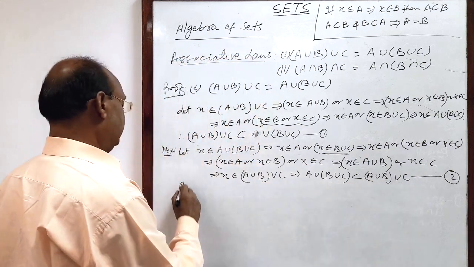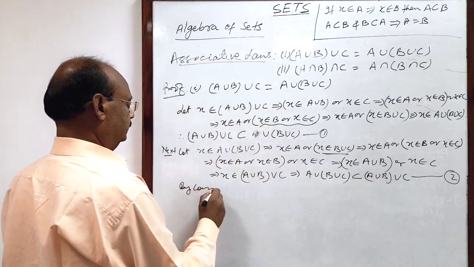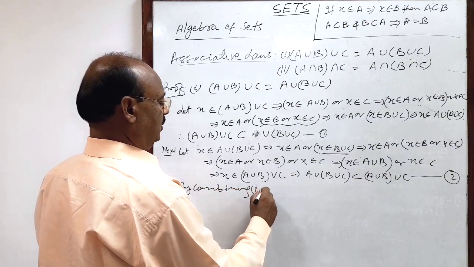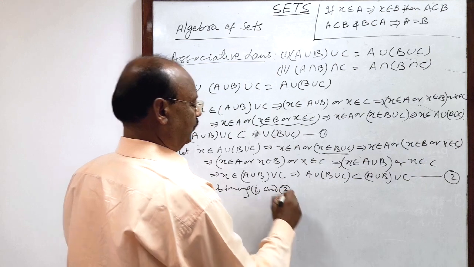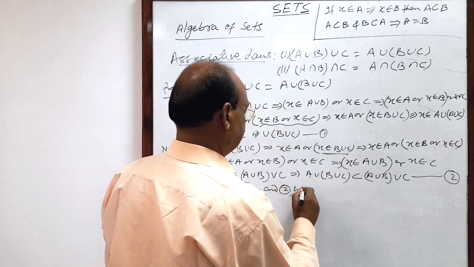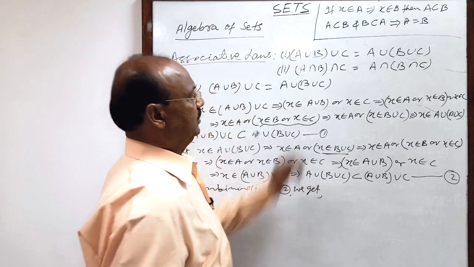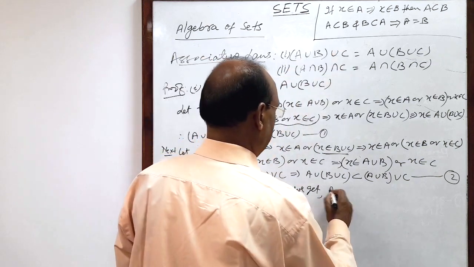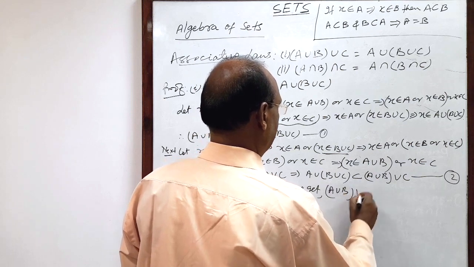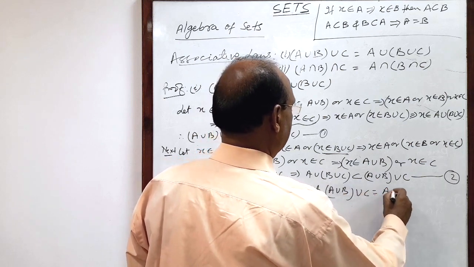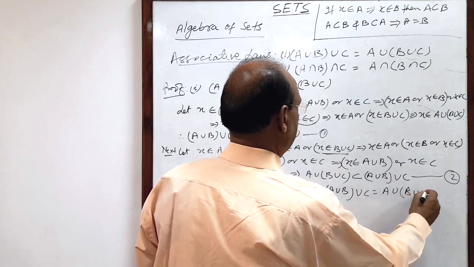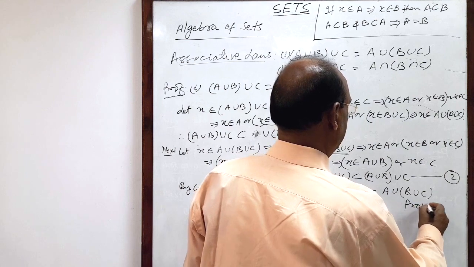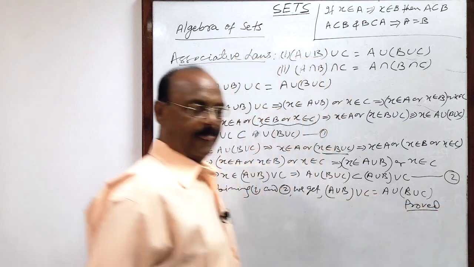So by combining relations 1 and 2, we are using this property here. So we can write that (A union B) union C is equal to A union (B union C). So we are getting the result. We have proved it. Okay.